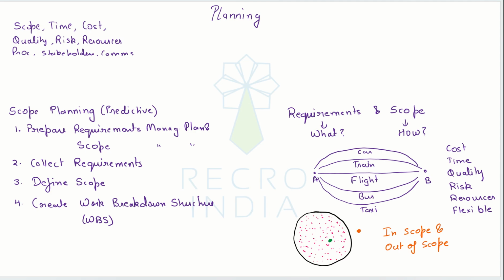However, for the time being, my main point of discussion here is to understand the difference between requirements and scope. And when we say scope is a boundary, then this is literally what we mean, that within this boundary we can do whatever is required, but outside this we cannot.